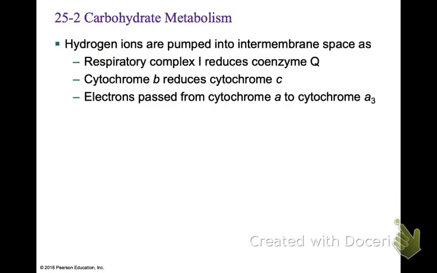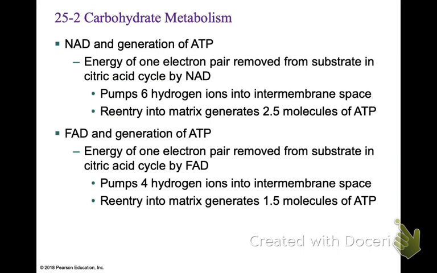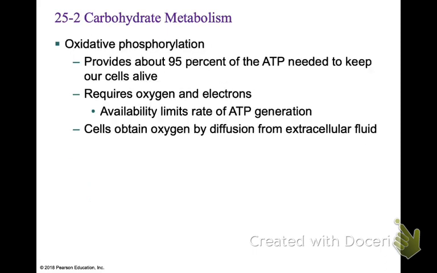So the hydrogen ions get pumped into that intermembrane space from complex 1 and complex 3 and complex 4. And then the NAD is responsible for pumping 6 hydrogens, the FAD for 4 hydrogens. So you see it's not the exact amount of ATP being produced. 2.5 molecules, how do you get half a molecule? Well, of course you don't really. So it's not an exact number. It's just the amount of energy that you produce.